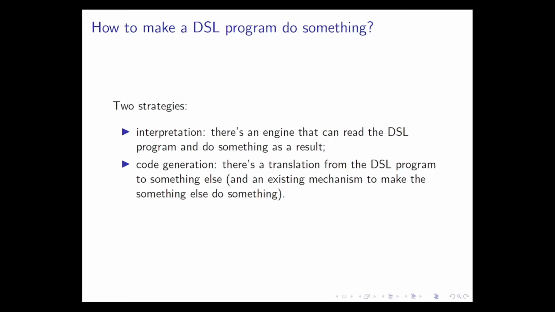Or else there's some kind of compilation or code generation stage where there's a translation that happens from the DSL program to something else for which we already have a mechanism to make it do something. So you might, for example, say, here's my DSL, and what I do is I run this translator that translates my DSL program into Java, and then we use it just like any other Java program as though it had been written in Java. And that's probably the commoner way of using DSLs, actually.